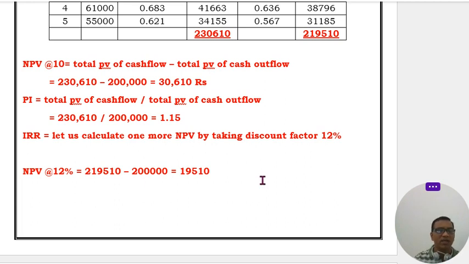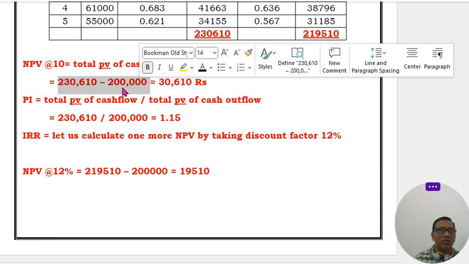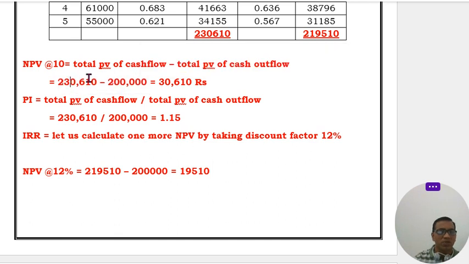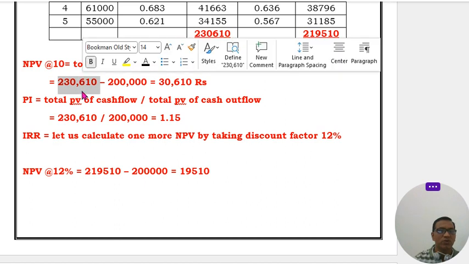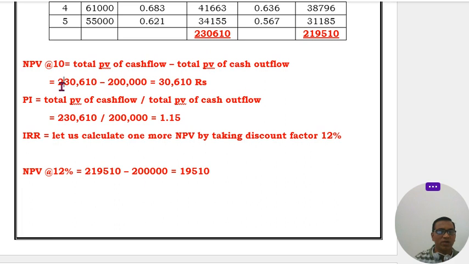I have to take a higher rate of return, a higher discounting factor. Why do you have to take a higher discounting factor? Because IRR is the rate where cash inflow should be equal to cash outflow. This 230 should be equal to 200. If you want to make this equal to 200, this value should be reduced. If you want to reduce this value, you have to increase the rate of return, you have to increase the discounting factor.